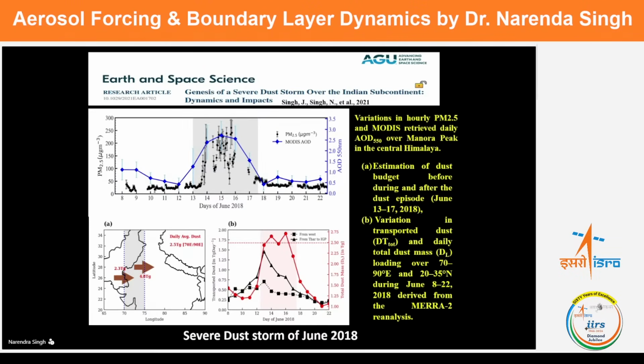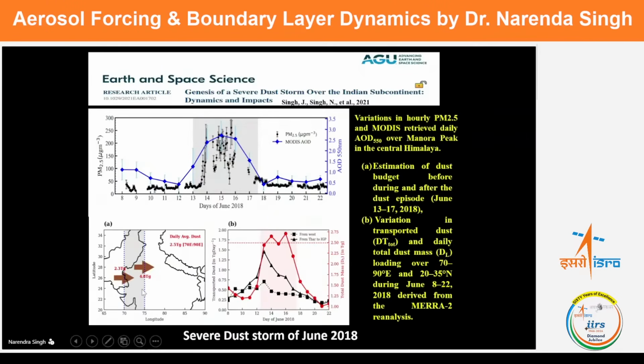So in that case, if you see here, we then tried to estimate what was the amount of dust that had entered from the western part of the world, or basically from the desert part of African or this Arabian region. But then when it passes through the western part of our country, like Thar Desert or this Rajasthan region, then approaches the Himalayan region.